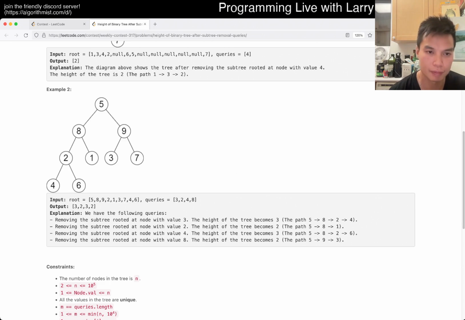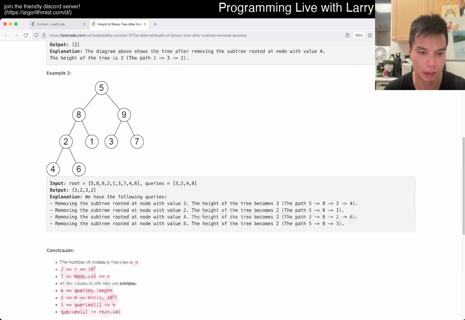I feel like this is one of those ad hoc things, where basically, if you remove it at 6, what is the longest tree?